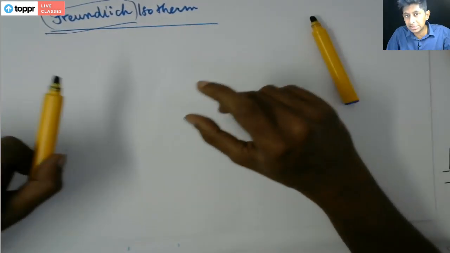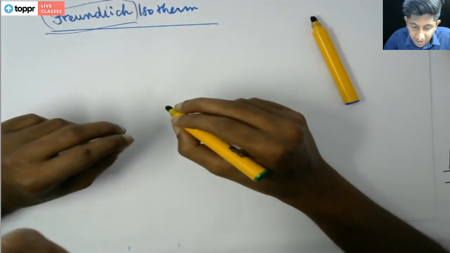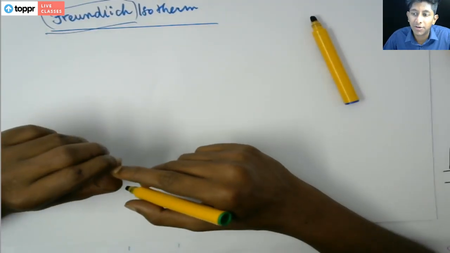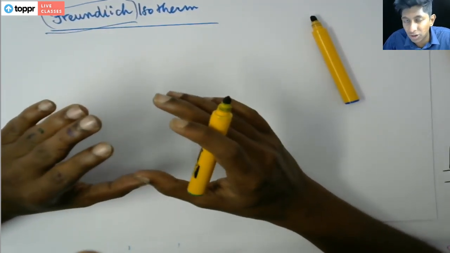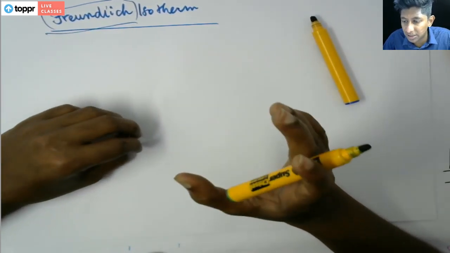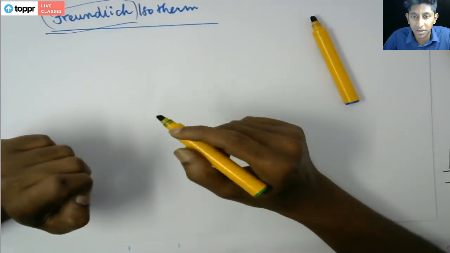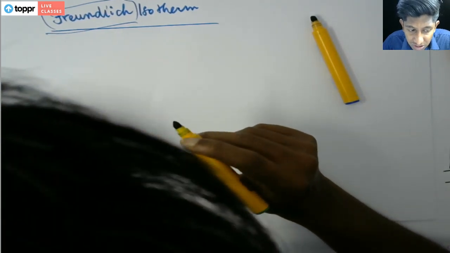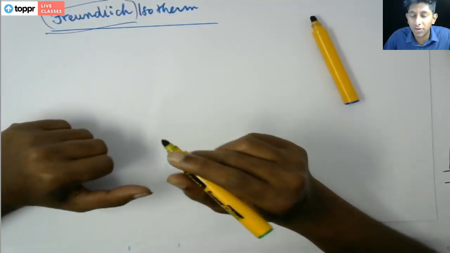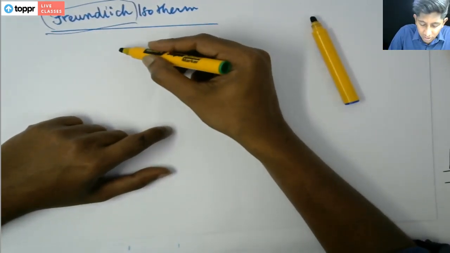What it gives us is an equation using which we can explain how much adsorption is possible at different conditions of temperature and pressure. So he's given an equation which is pretty much the core of this whole concept, and I'm going to go ahead and write it now.